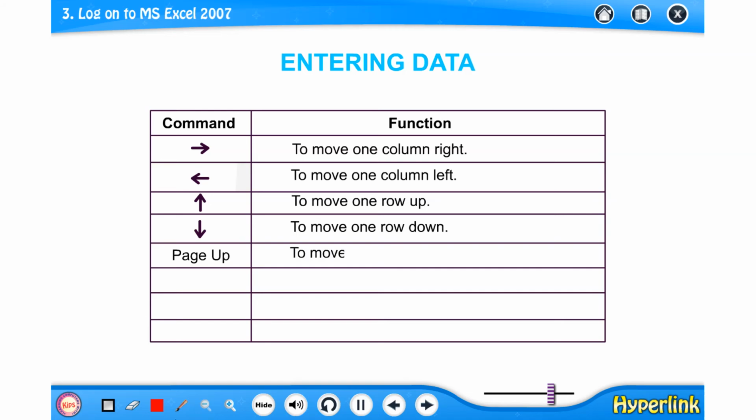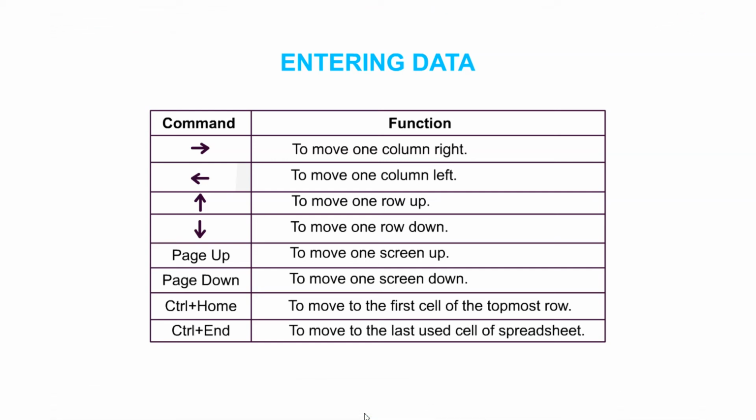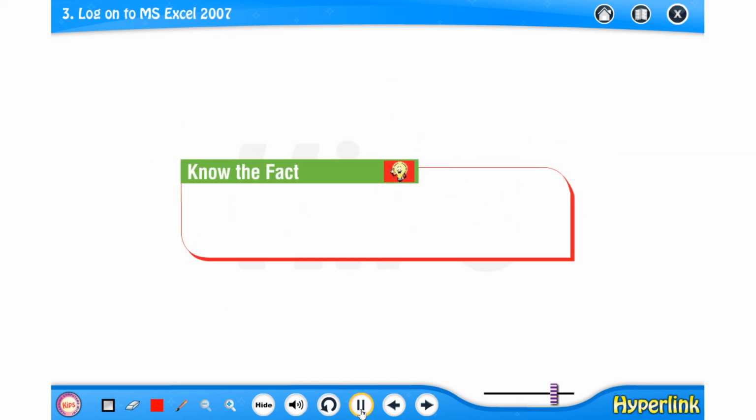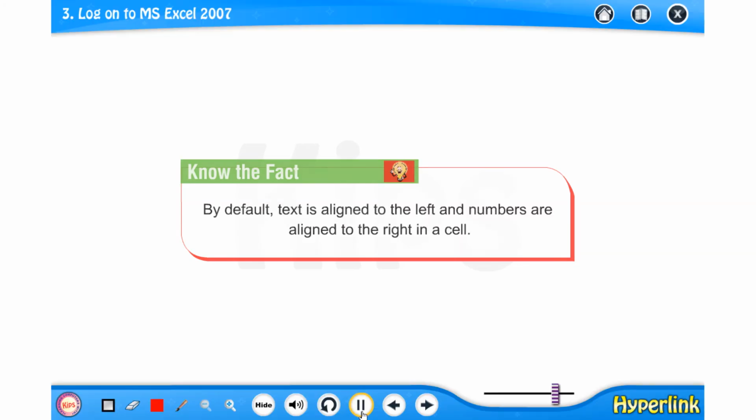Page Up, to move one screen up. Page Down, to move one screen down. Control plus Home, to move to the first cell of the topmost row. Control plus End, to move to the last used cell of the spreadsheet. Okay students, note the fact that by default, text is aligned to the left and numbers are aligned to the right in a cell.